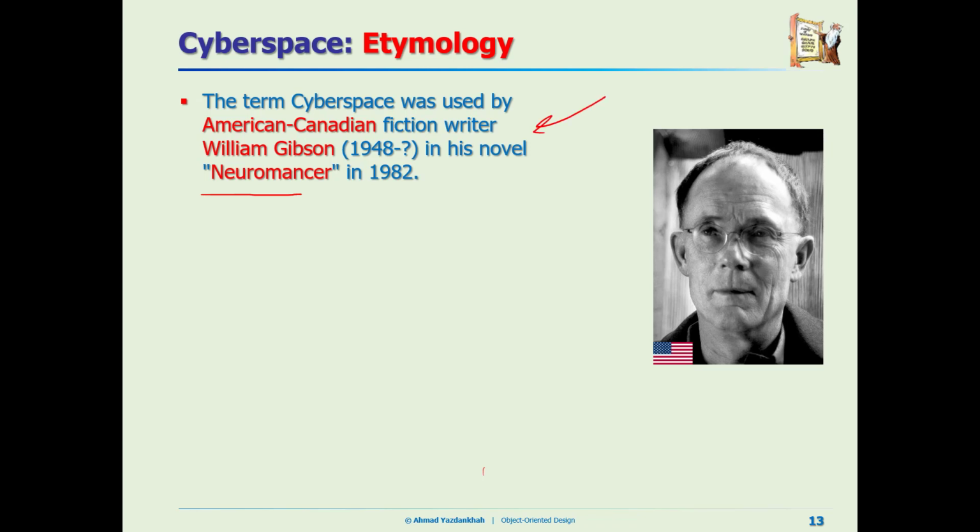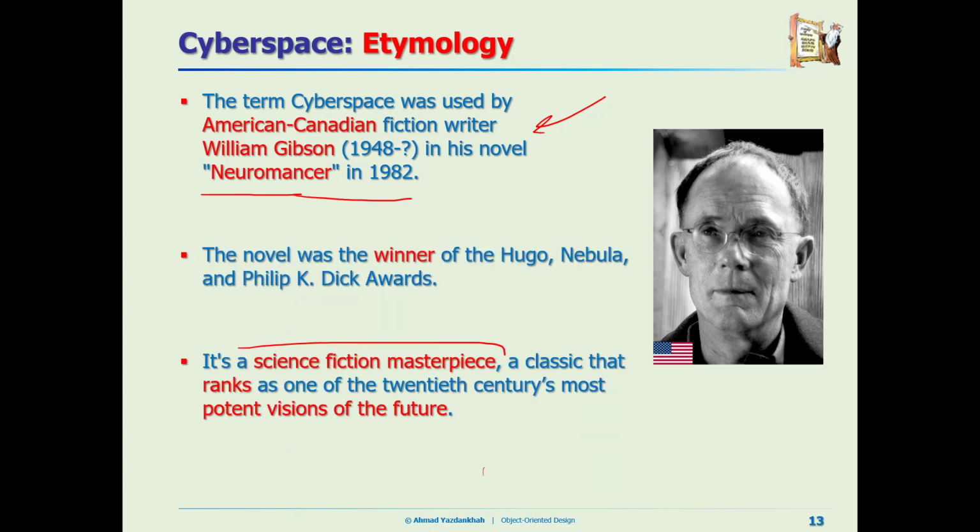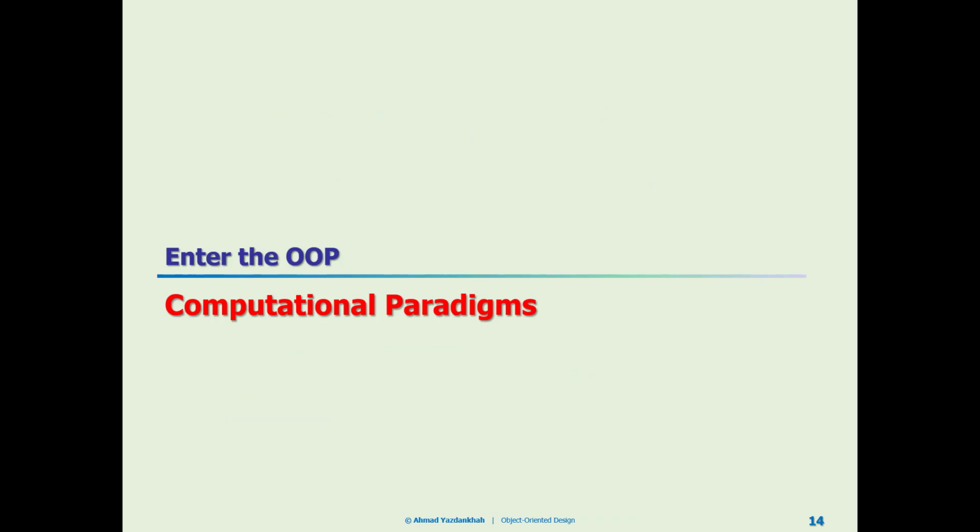And he won many awards. It is a science fiction masterpiece, and they say that it is the 20th century's most potent visions of the future, which is a very big deal here. It's a big honor for this writer.